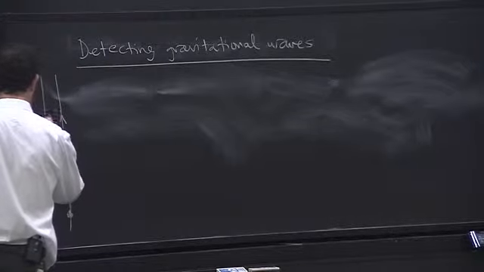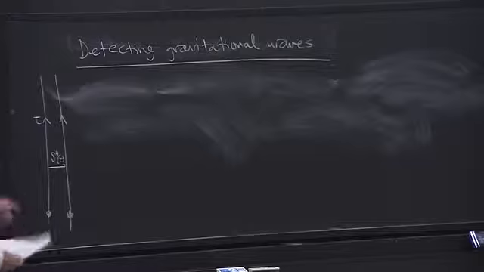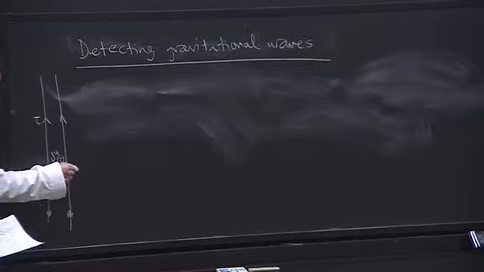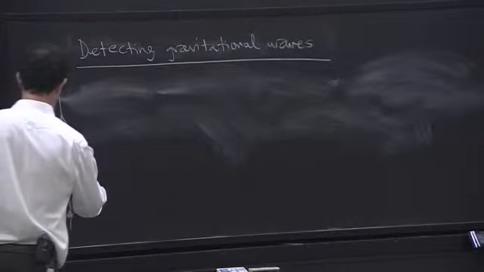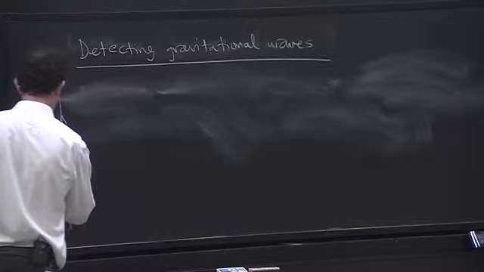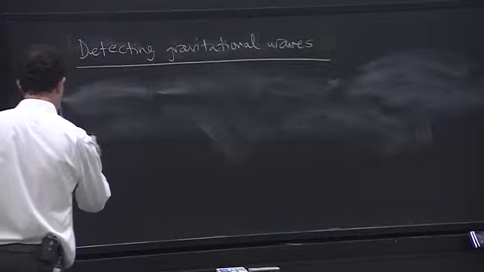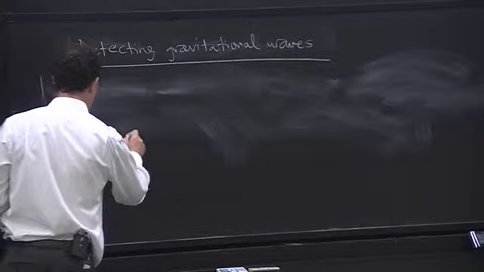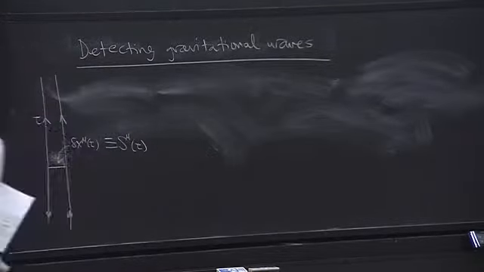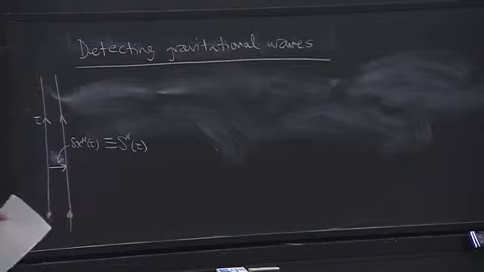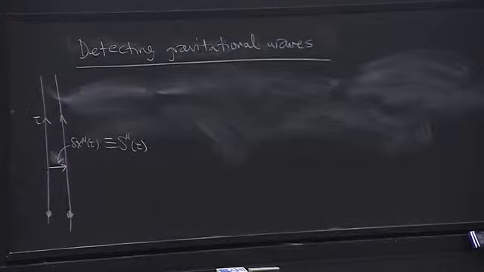This world line has proper time tau. I can ask, what is the coordinate separation, delta x mu, which I'll call S mu of tau, the separation vector. We found an equation for delta x mu that just involved the Riemann tensor.